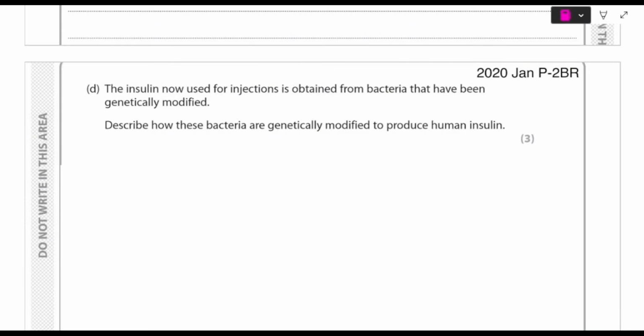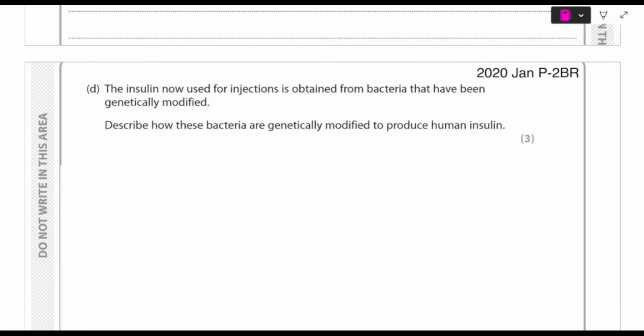One is restriction enzyme to cut up the gene that is used for insulin production, and ligase, which is used to join that cut part of the gene to the plasmid of the bacteria. So we will write that the gene for insulin is cut using restriction enzyme, and the plasmid of the bacteria is cut using the same restriction enzyme, and both are joined together by the ligase so that they form a recombinant DNA.